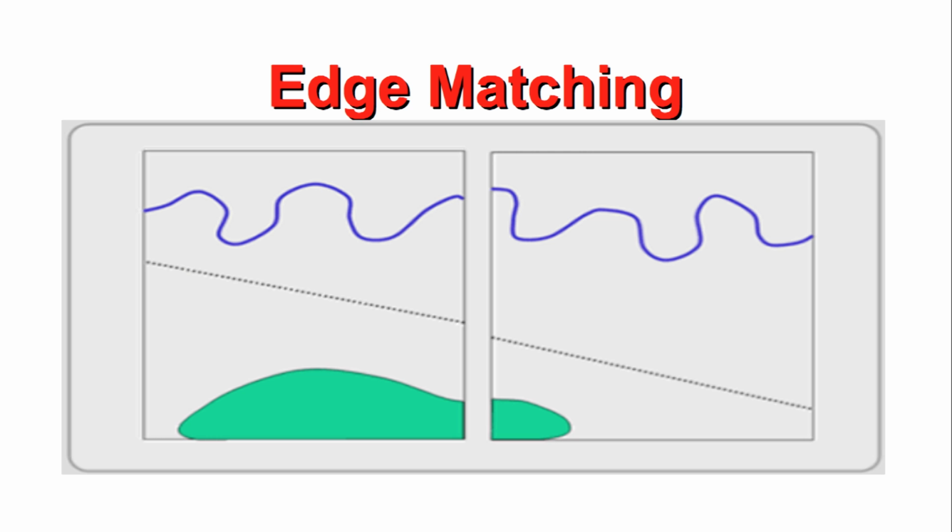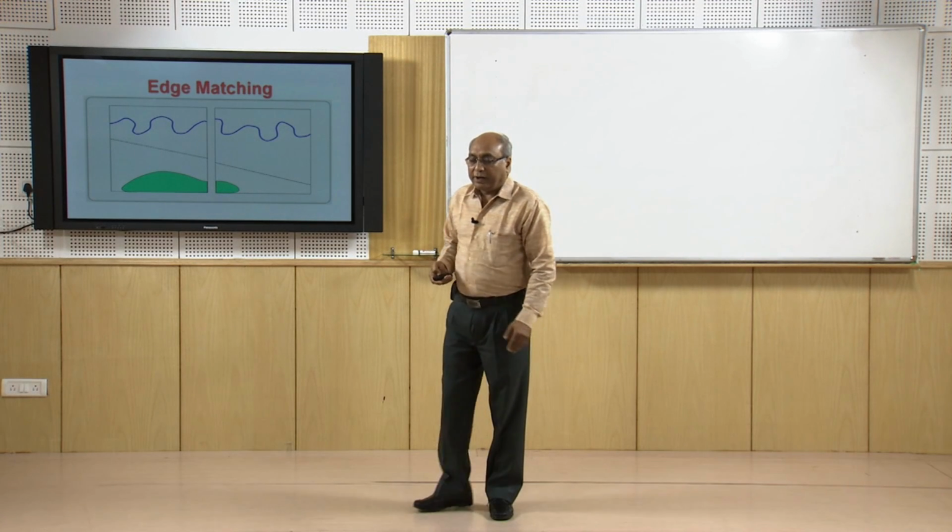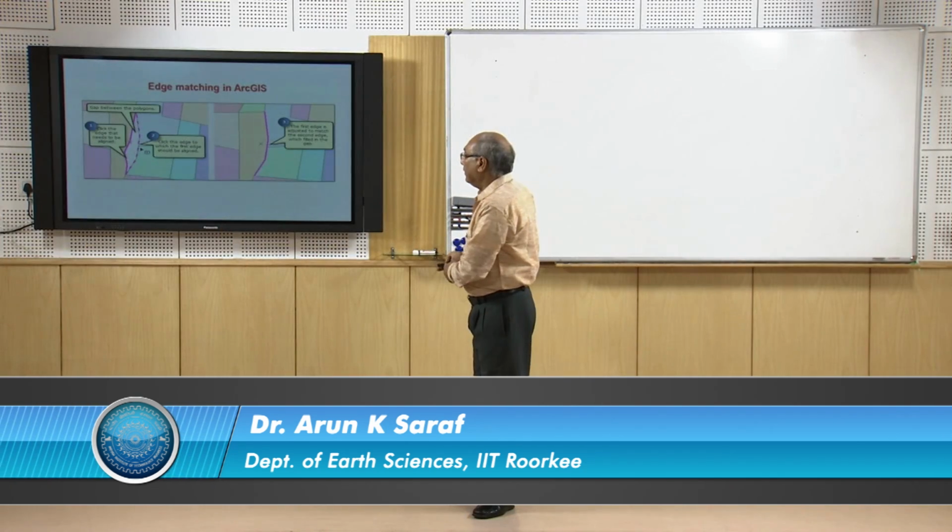Some human intervention is required, and whoever is doing that part can bring this data here, and if some shifting is required, that also needs to be done. Similarly for a straight line, similarly for polygons. Edge matching is many times very much required so that your data becomes seamless. Otherwise it will create unnecessary artifacts and problems during your analysis.